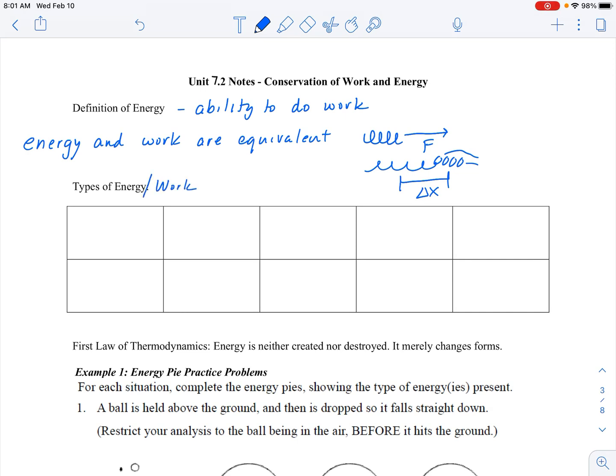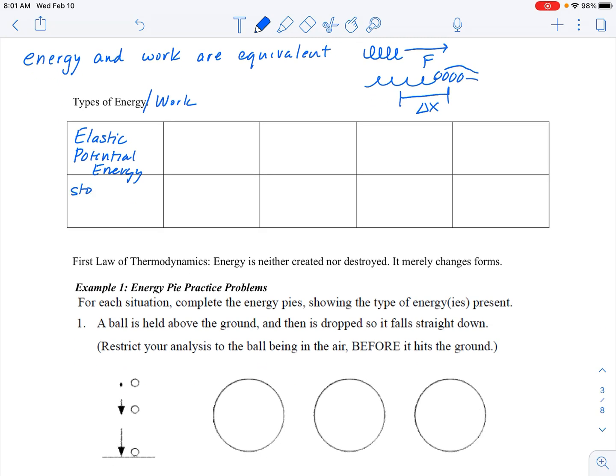So I'm going to make a little chart down here of types of energy. And the first one that we learned about in the last section is elastic potential energy. It could be stored in a spring, but be careful here because there are lots of items in the world with elasticity.